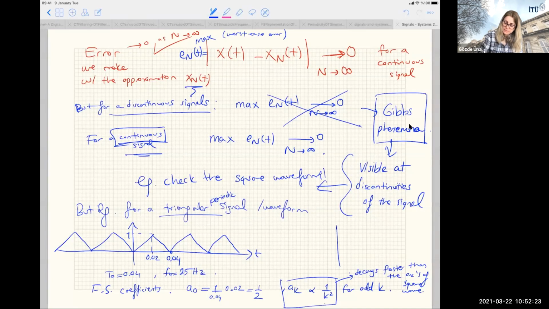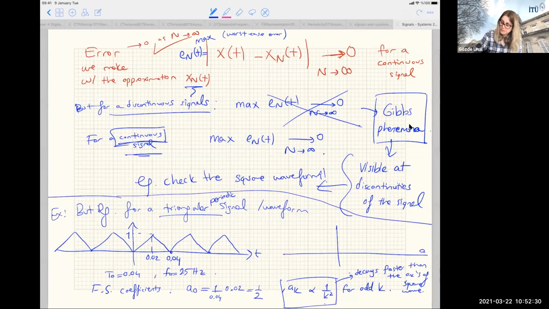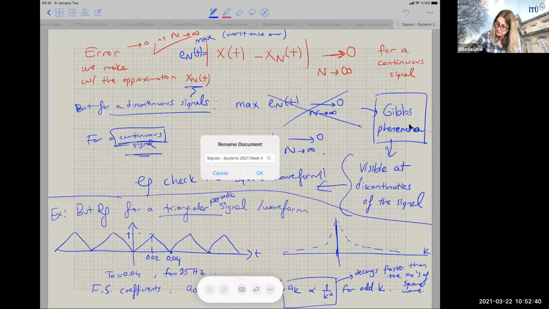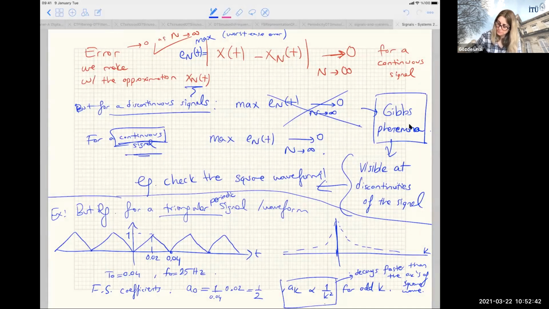which is actually good. If it decays faster, this is another example. Now, if we were to draw the AKs, here k, A0 is 1 over 2.